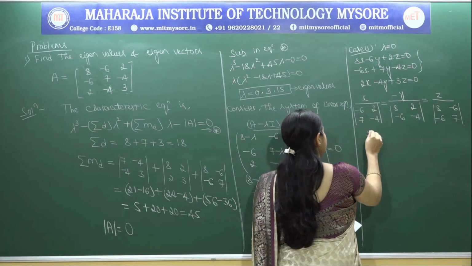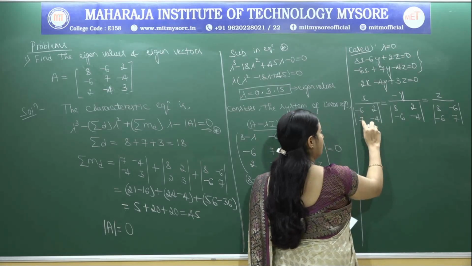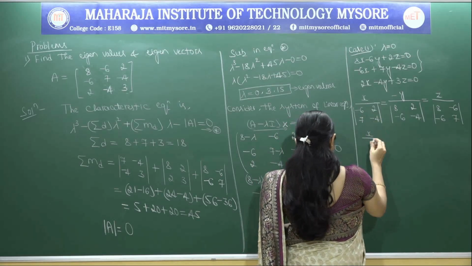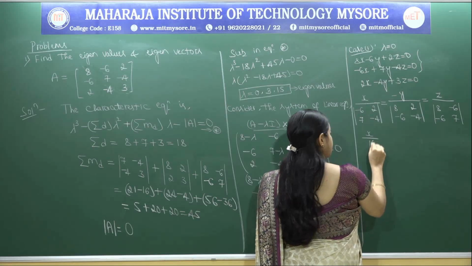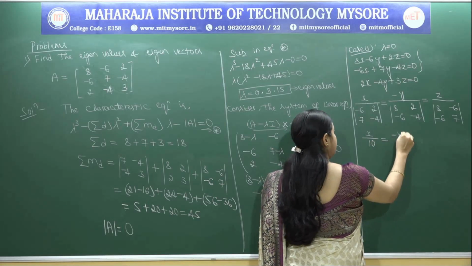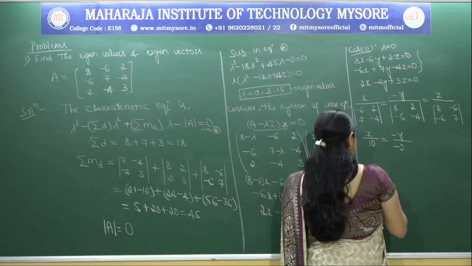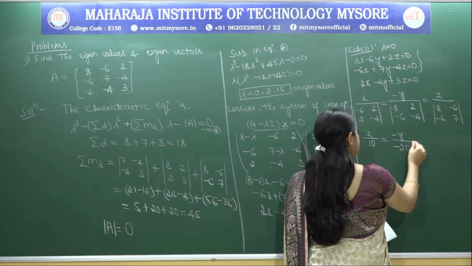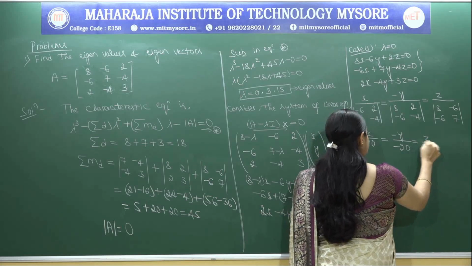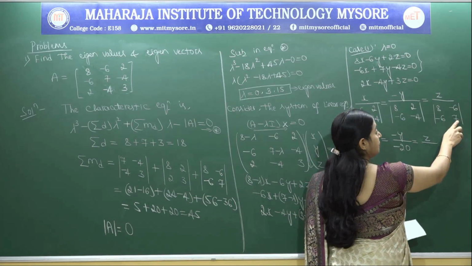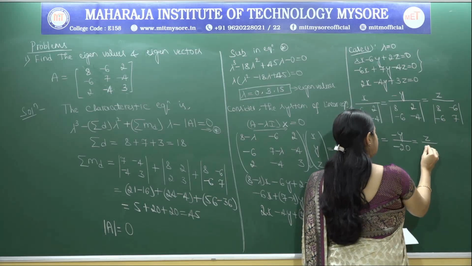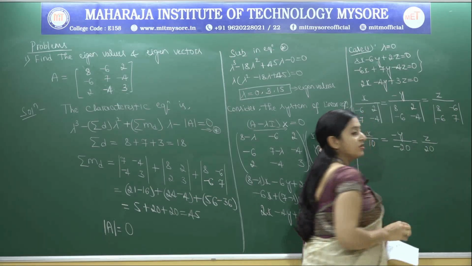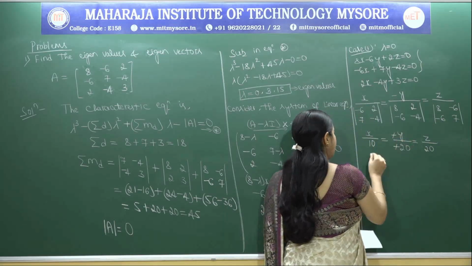Then solve this: x divided by 24 minus 14, you will get the answer as 10. Second one, minus y divided by minus 32 plus 12, you will get minus 20. Third one, z divided by 56 minus 36, you will get 20. So you can reduce this.